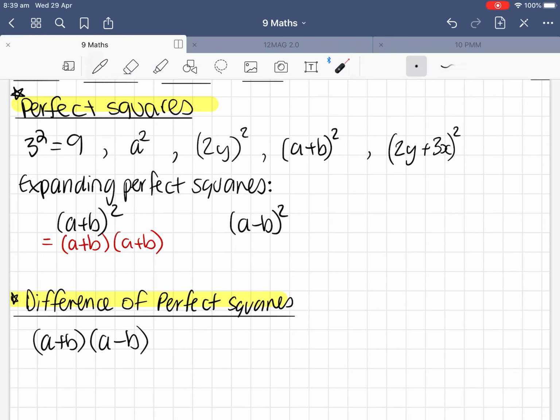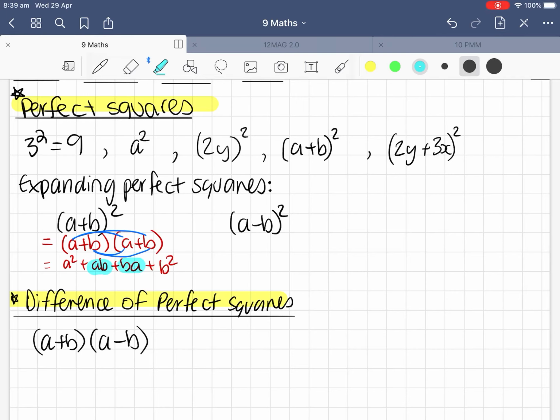Now it's really important that you remember this expansion step. I'm then going to use the distributive law, all right, to do my first, outer, inner, last expansion to end up with a squared plus ab plus ba plus b squared.